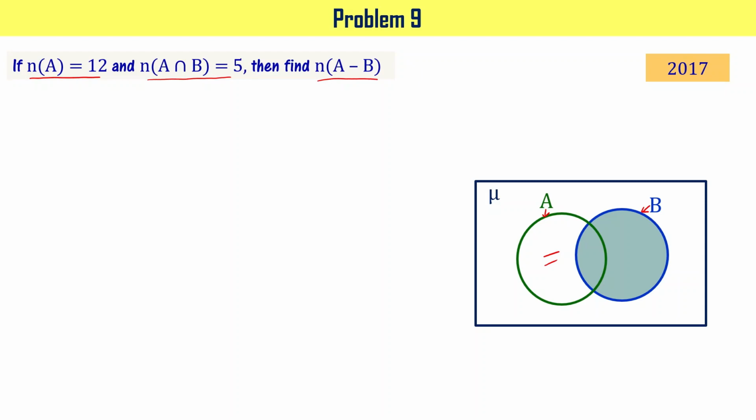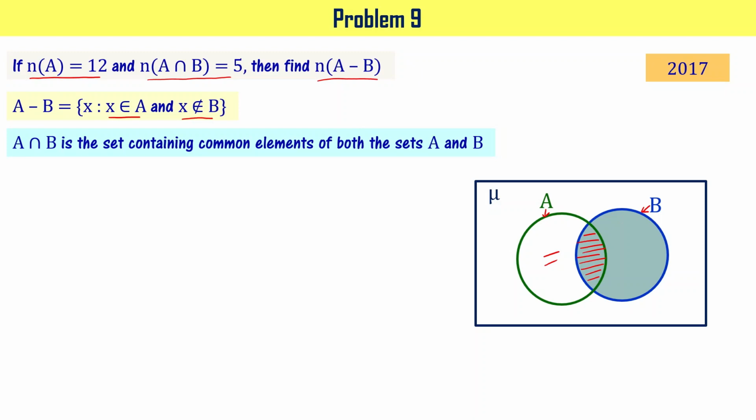is A minus B. A minus B is defined as the set of elements X such that X belongs to A but does not belong to B. You see, this particular portion which I'm shading now is part of A but belongs to B also, right? That's why the white portion of A is only A minus B, right?